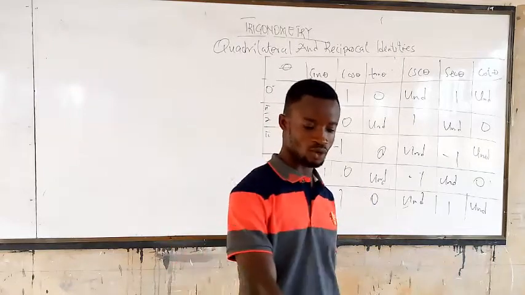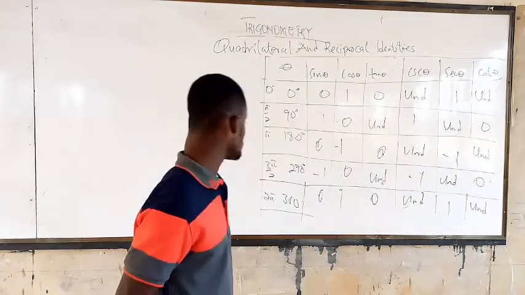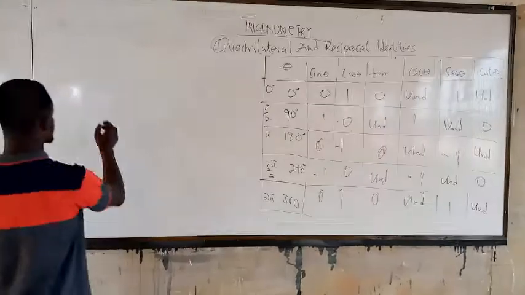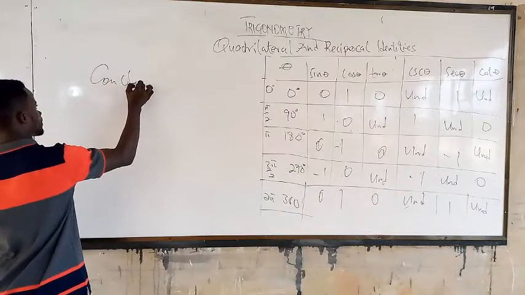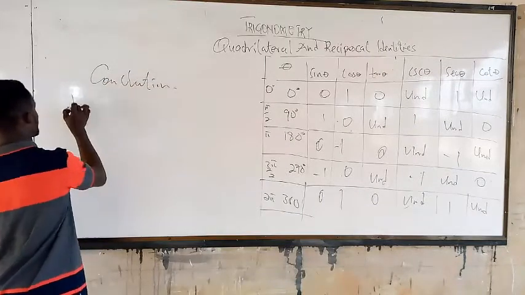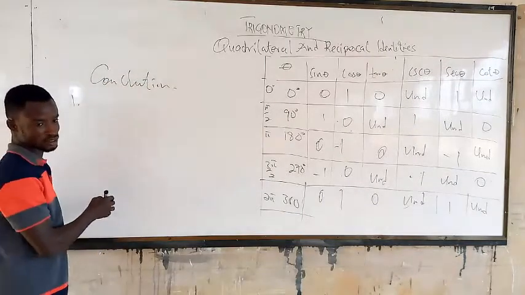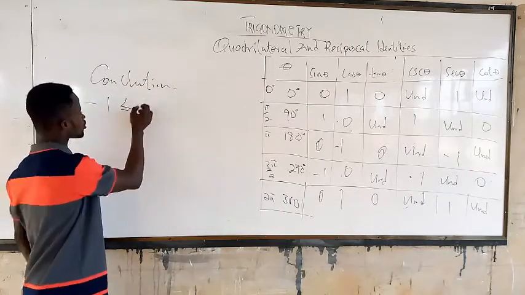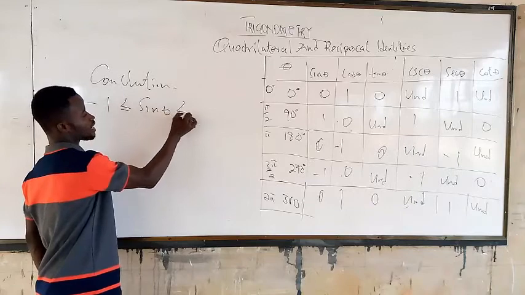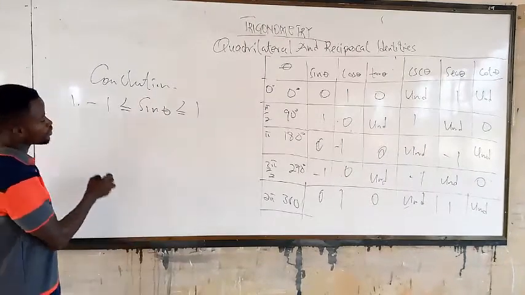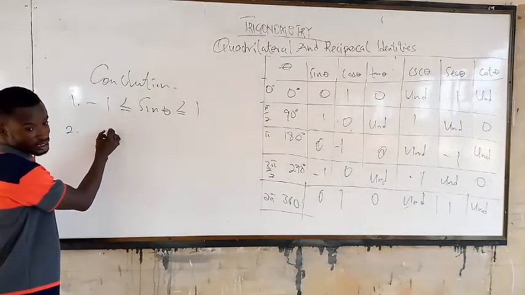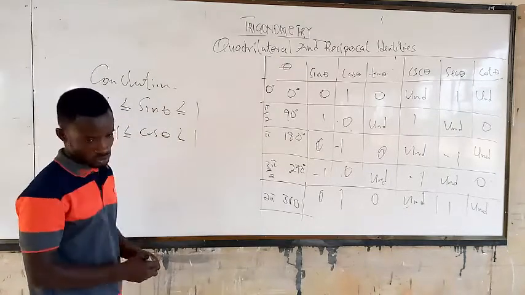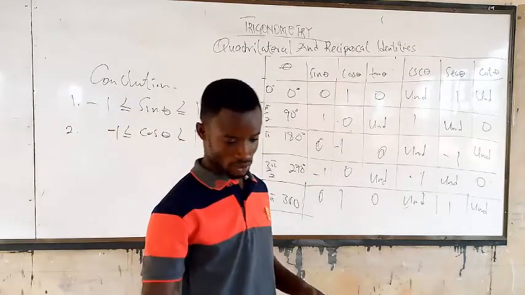Conclusion from the table. We can say two things. The first one is that -1 is less than or equal to sine theta, which is less than or equal to 1. Secondly, -1 is less than or equal to cos theta, which is less than or equal to 1. So it satisfies this range of values.